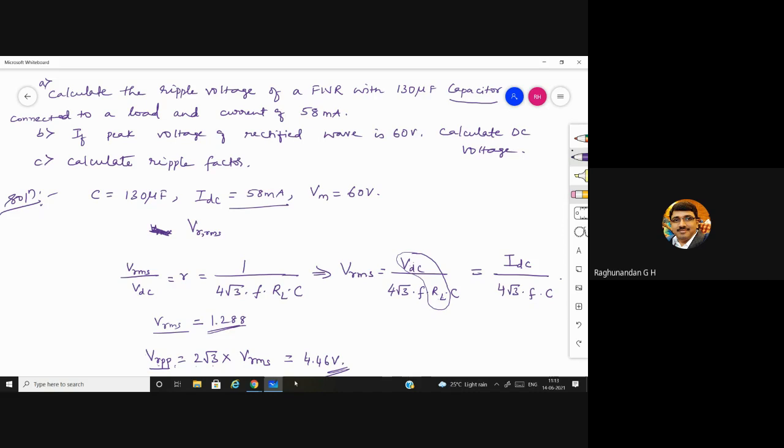After this, again, they're asking: if the peak voltage of the rectified wave is 60 volt, calculate the DC voltage. To calculate the DC voltage, we already have a formula: VDC is equal to Vm minus V peak to peak by 2. The peak to peak we talk about with a capacitor will be the ripple peak to peak only, because for DC we don't have any peak to peak.